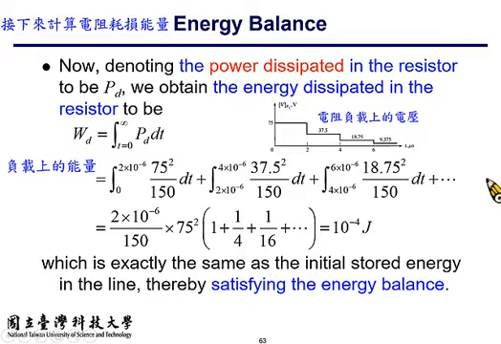So we have the first section, second section, third section, and again you can see that this is an infinite series. And when you do the math, you will find out that the energy dissipated on the resistor is 10 to the minus 4 as well. So we have a balance. You can satisfy the energy balance between the stored energy and the energy dissipated on the resistor.